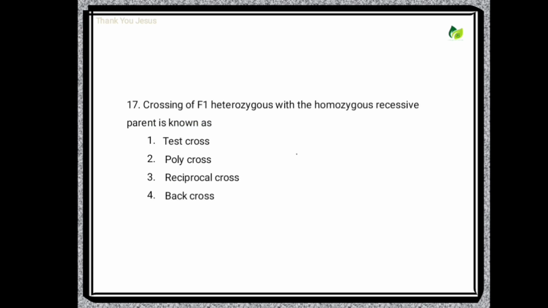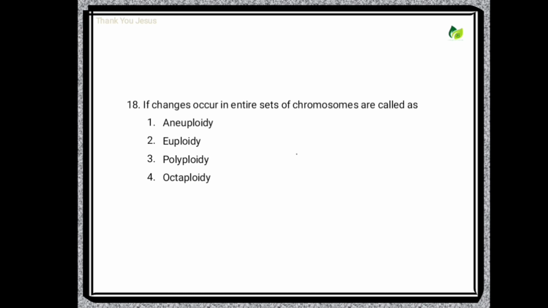Crossing of F1 heterozygous with the homozygous recessive plant is known as. So already told you, when F1 hybrid is crossed with the homozygous recessive parent, that cross is always called a test cross. Okay, next question. If changes occur in entire sets of chromosomes, it is called, options are aneuploidy, euploidy, polyploidy, octaploidy.